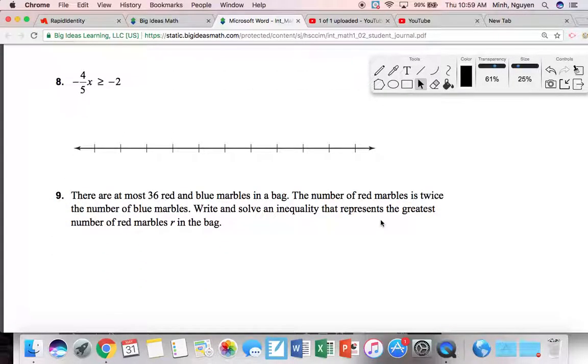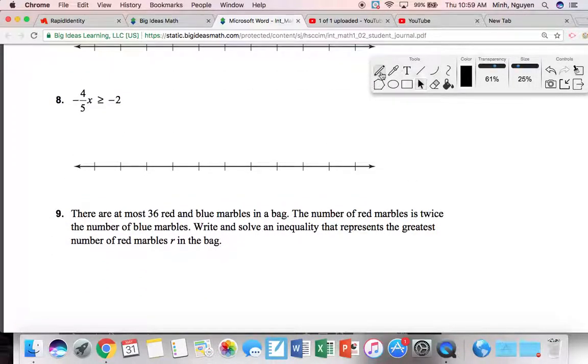Moving on. We will multiply by the reciprocal, which is, again, you just take it and you flip it. So negative 5 over 4. Because I'm multiplying by a negative, what happens to the sign? You've got to swap it. So x is less than or equal to negative 2 times negative 5, which is positive 10, 10 over 4. 10 over 4 is really 2.5, so I could say 2.5.